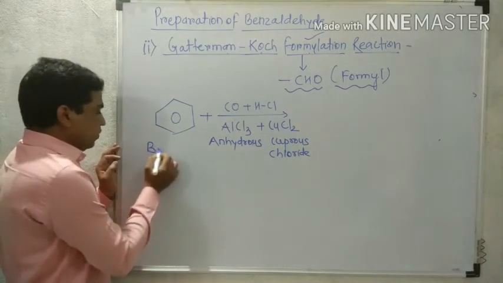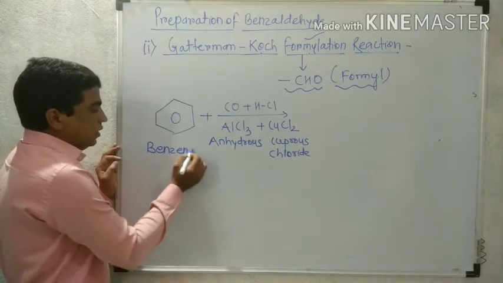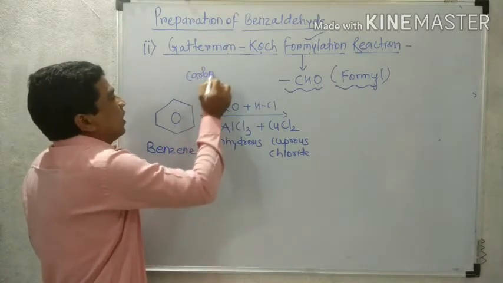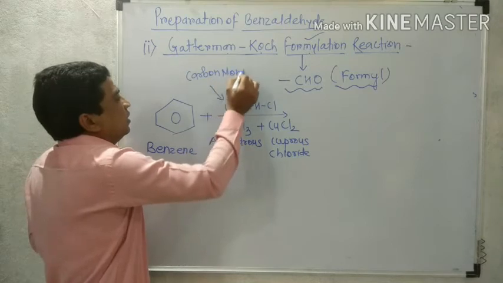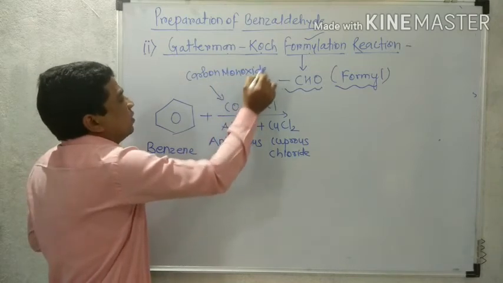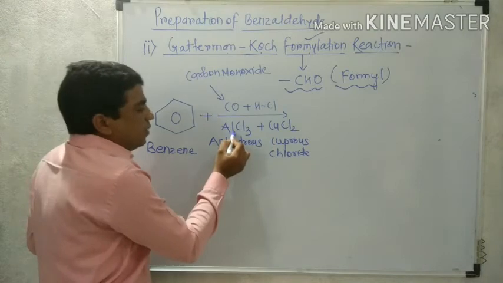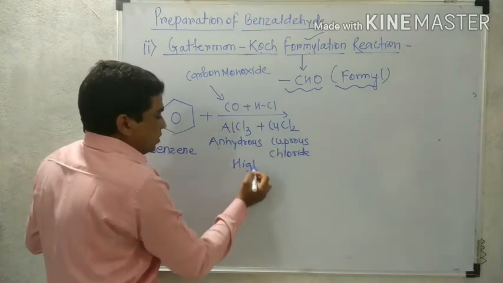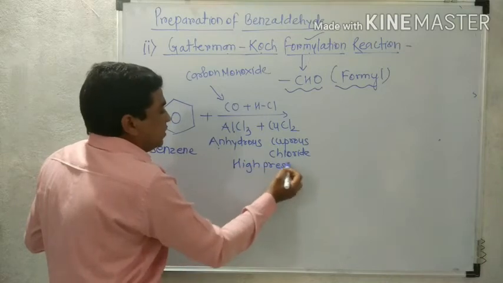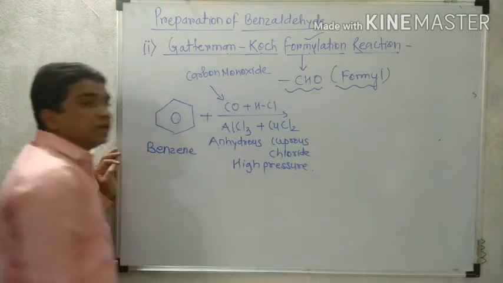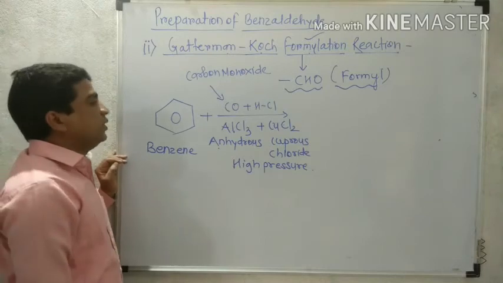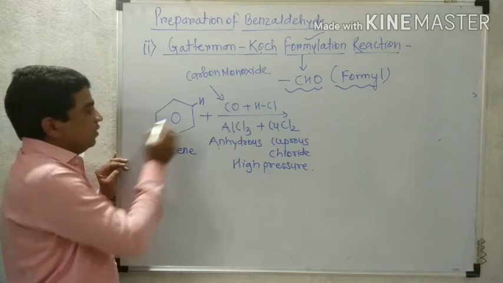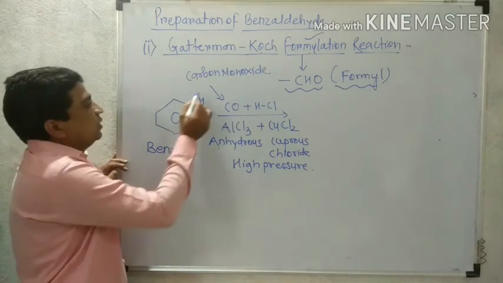So when benzene is reacted with carbon monoxide and HCl in the presence of anhydrous aluminum chloride and cuprous chloride under high pressure. The important note is that this reaction is carried out under high pressure. Here, this is the hydrogen atom of benzene on that carbon.